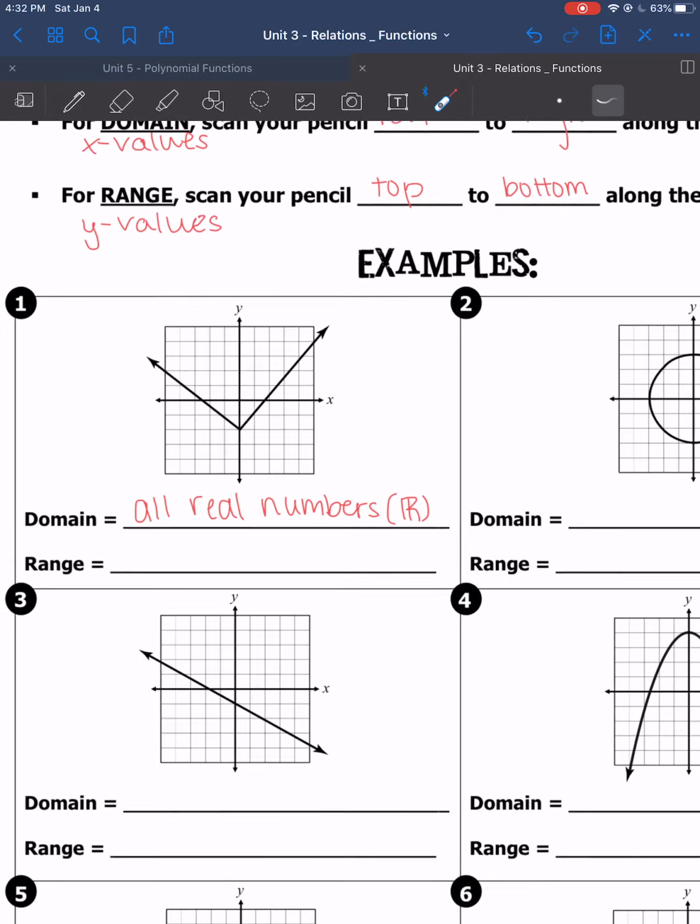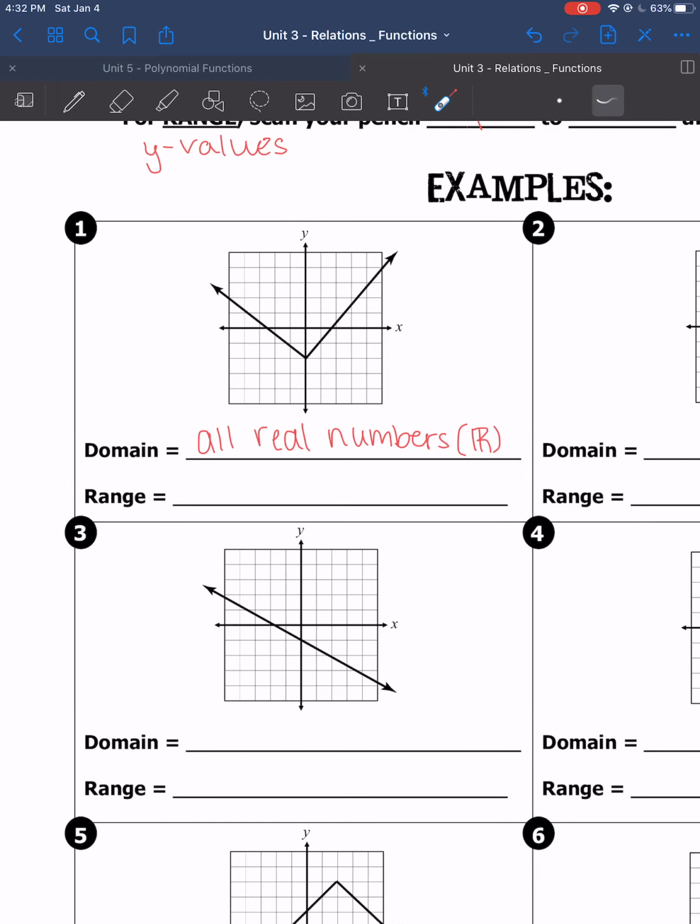And my range, let's zoom in just a little bit so we can see a little better. If I take my pencil or my laser pointer and go down from top to bottom, if you look, it stops right here.